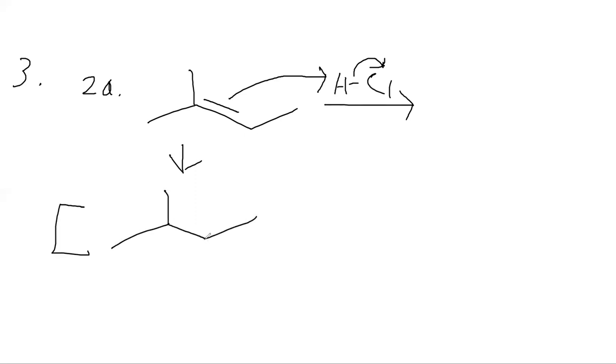Okay, so again, hydrogen attaches here, and there's a cation here. And what is the hybridization for this carbon and this carbon? That's important. Is it sp3, sp2, or sp for these two?